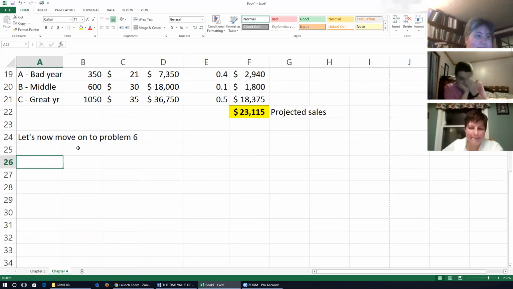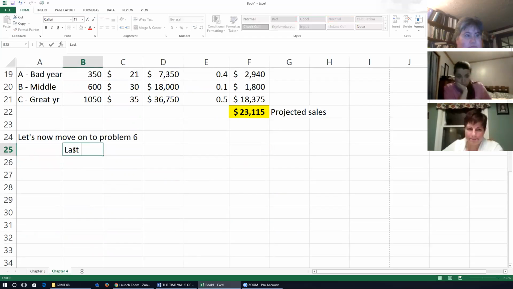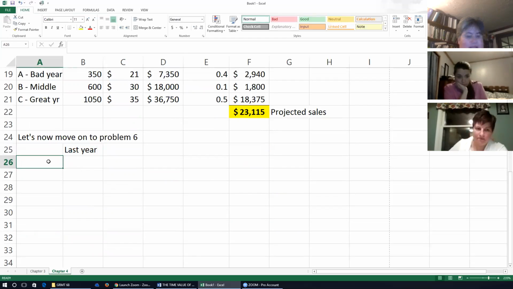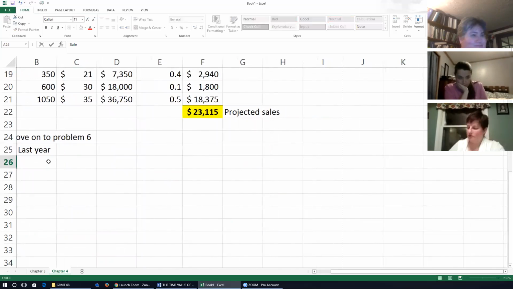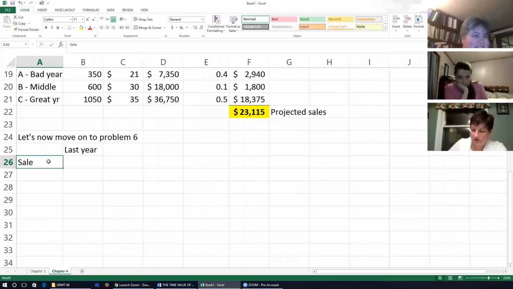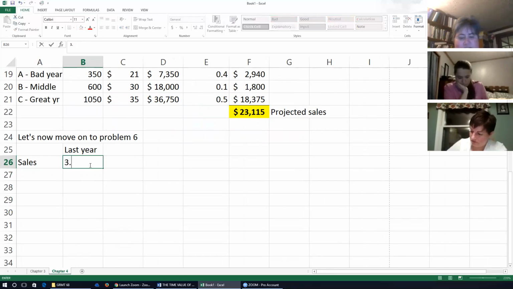So it tells you last year, the company had sales of 3,500 products at a price of $75 each.